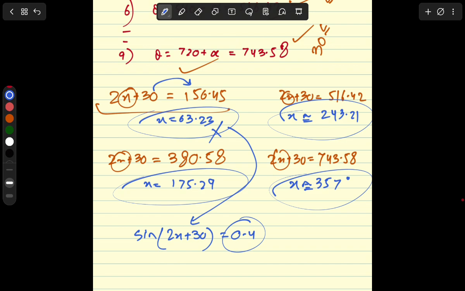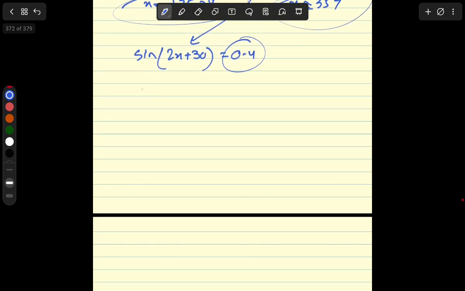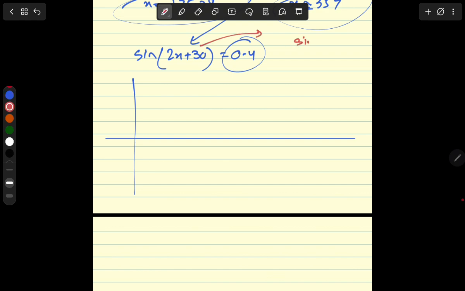But you have to make sure that you are adjusting the domain. Now, why did it happen? First of all, this function came about because the first one would have been sine of 2x, the second one would have been sine of x plus 15.